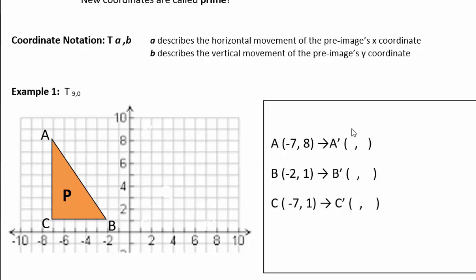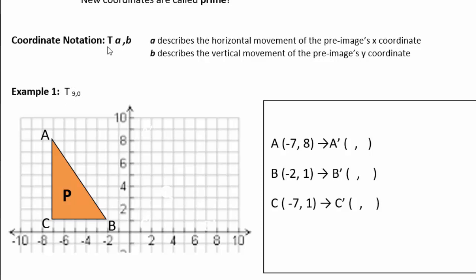And we're trying to figure out what the new coordinates A prime, B prime, and C prime of the image are after a translation. And here they're using notation to describe the translation that they want us to use. They're using the notation here, which is referred to as T-A-B, or at least that's what I call it.